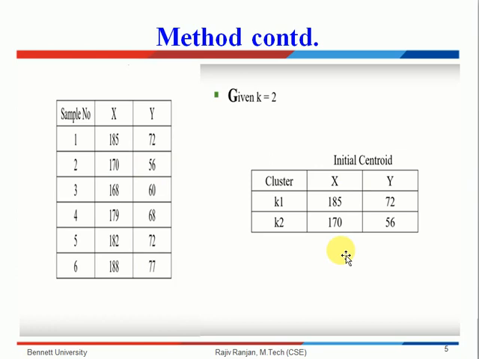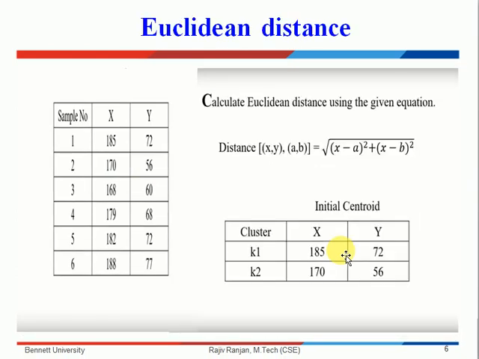Okay, so come on, let's do the computation. As per the principle and the flow chart we have seen for K-means clustering, we use Euclidean distance for computing the distance between centroids. We know that the equation for calculating distance with the help of Euclidean distance is this one, that is d between (x, y) and (a, b) equals root of (x minus a) whole square plus (y minus b) whole square.